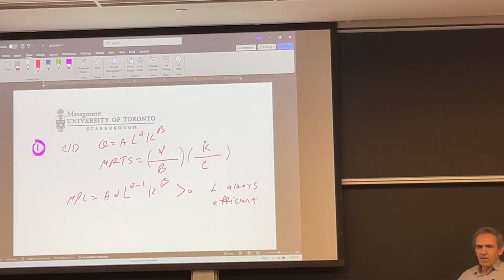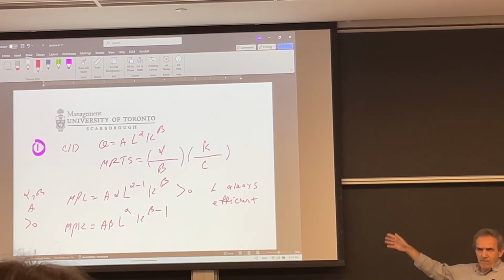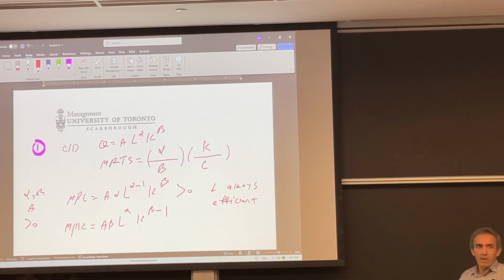The Cobb-Douglas gives you always efficient labor. MPL, then MPK, will always be more than 0. That's MPL, MPK should look like this. Obviously we assume alpha, beta, A are all more than 0. Otherwise that's not Cobb-Douglas, it's something else. So Cobb-Douglas gives you always efficient factors. You don't have to worry about trying to find out where the labor and capital become inefficient.